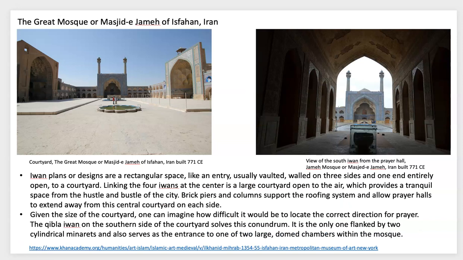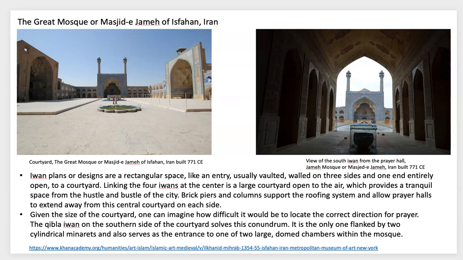Moving on to Iran, this is a great mosque where, again, all of these mosques have a certain amount of continuity and similarity, but they also all have their own individual aesthetics and special architectural designs to reflect that particular culture's ideas, peoples, and how they wanted to use these spaces.